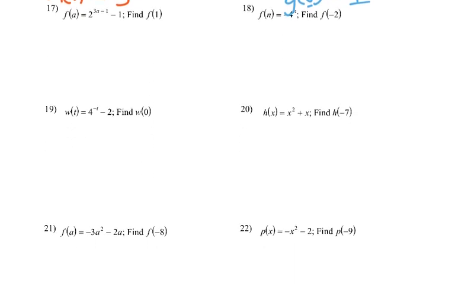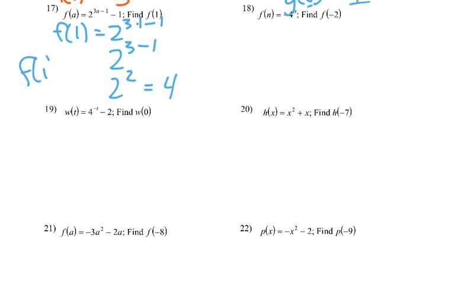17, f of 1 equals 2 to the 3 times 1 minus 1. So 2 to the 3 minus 1, 2 squared, which is 4. So f of 1 equals 4. For 18, f of negative 2 equals negative 4 to the negative 2.